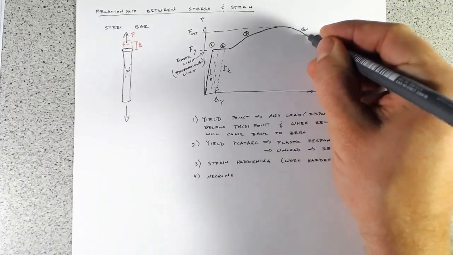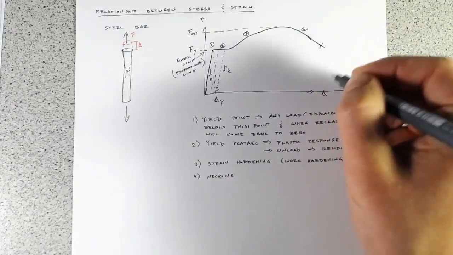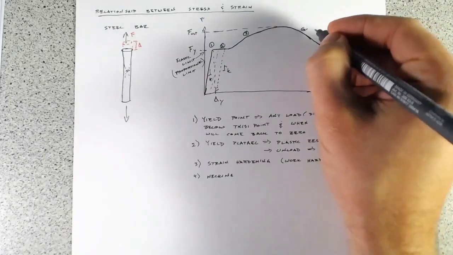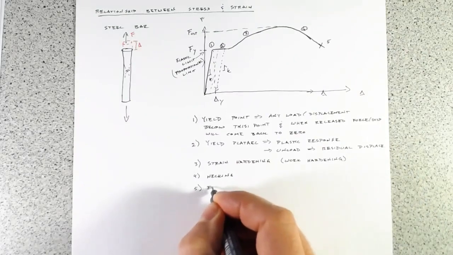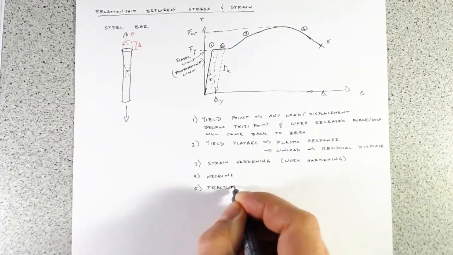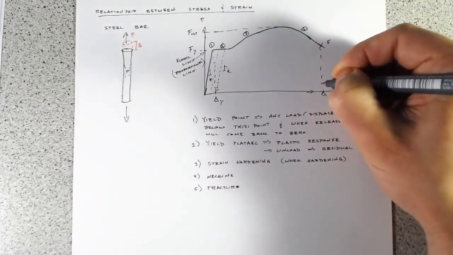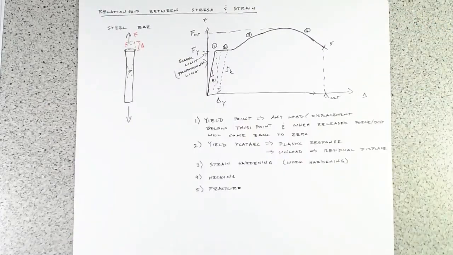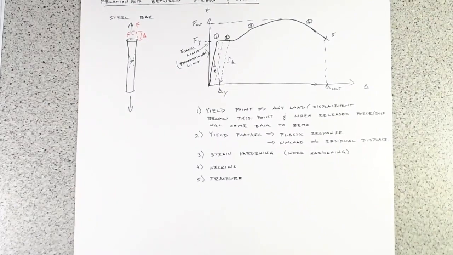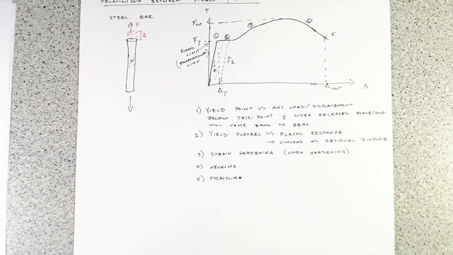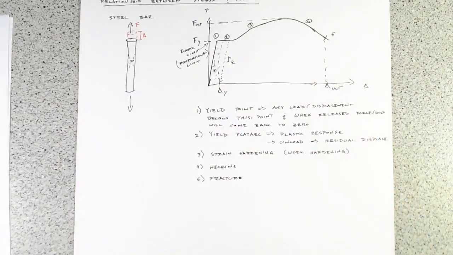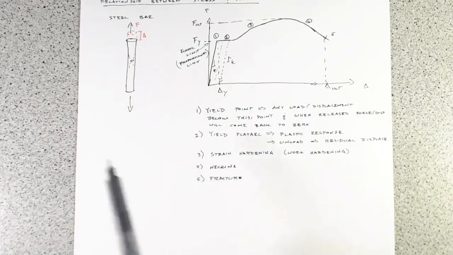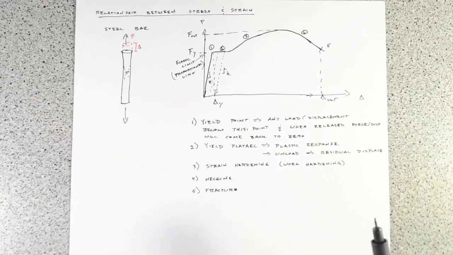And it'll go all the way until it fractures at 5. And that fracture point is our ultimate displacement. And so, something interesting to note, our ultimate displacement and our ultimate force don't necessarily line up, particularly for steel, which is what we call a ductile material.